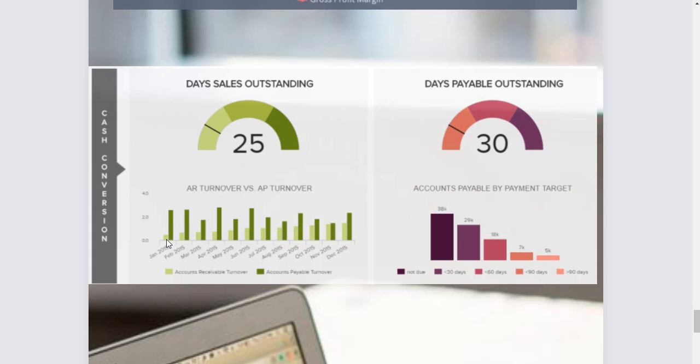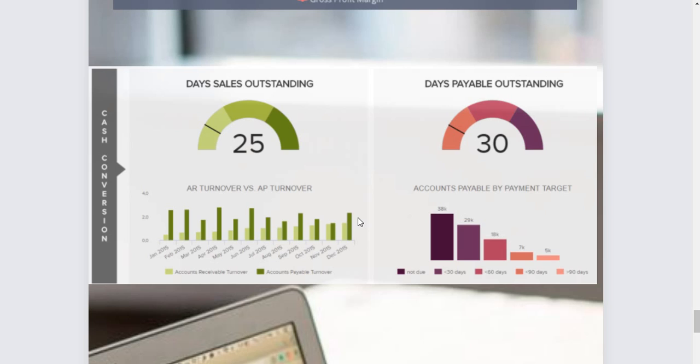So this is not a healthy number over here. They're trying to fix it. If you see, after the months pass, they are trying to fix it, up until December 2015, where the accounts payable turnover has decreased and the accounts receivable has increased. But then again, these are just examples.